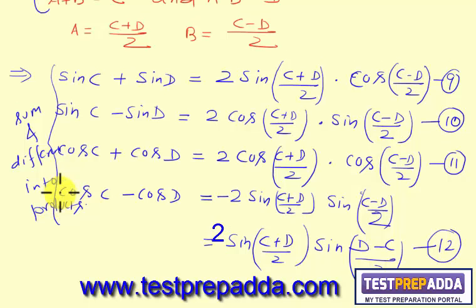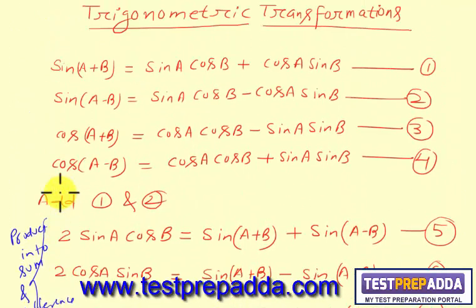Got the idea? This is called trigonometric transformations. Conversion of sums and differences of trigonometric ratios into products and vice versa. Got the idea?